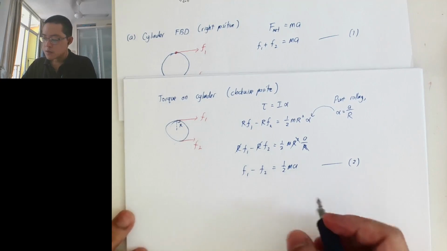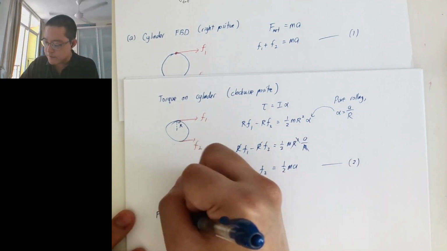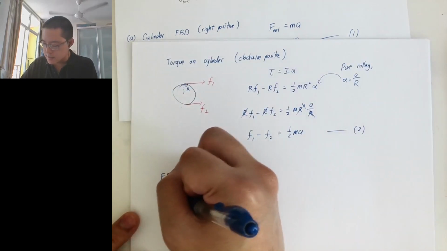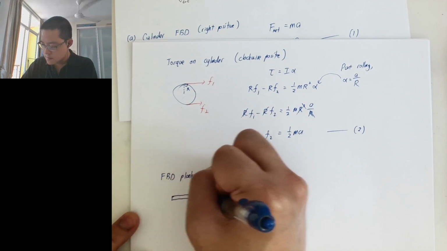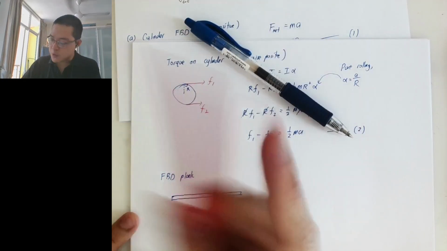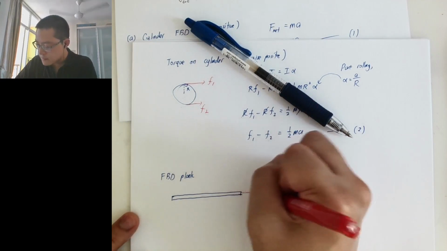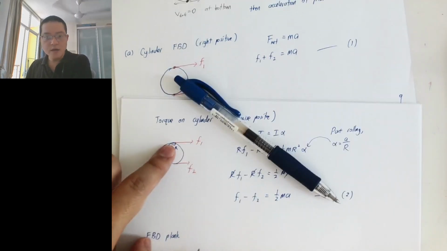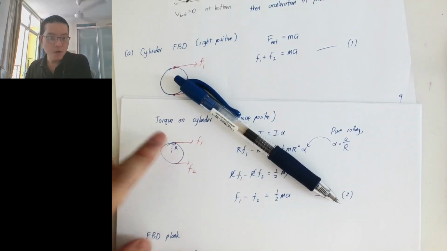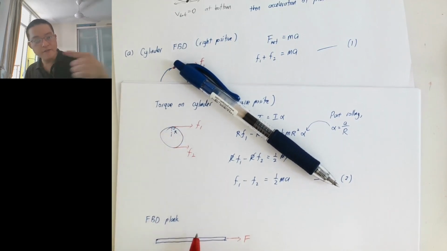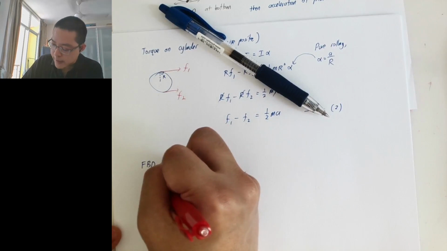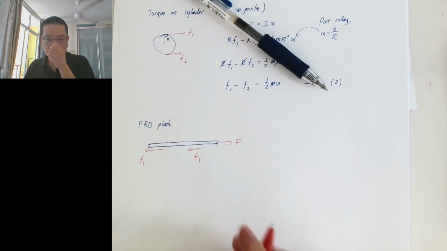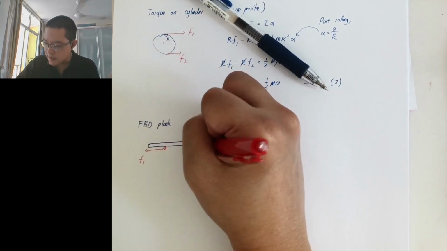I need 1 more. So for 1 more, I draw the free body diagram for the plank. So the free body diagram on the plank is this. The plank is being pulled by an external force F, and at the bottom it is touching the two cylinders. So the top part is F1 for the cylinder. By Newton's third law, if I draw this to be forward at F1, then for the plank it is the other direction, and I have 2 cylinders, so I got 2 F1s here and here.